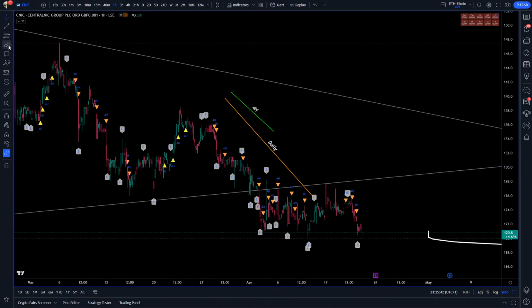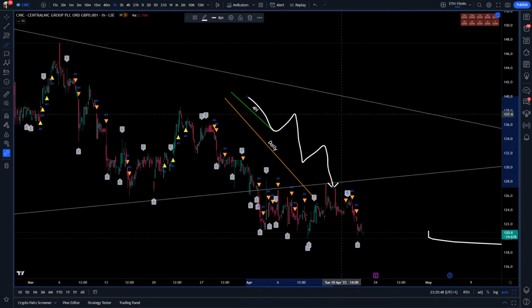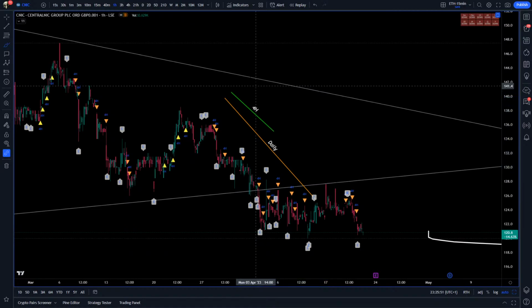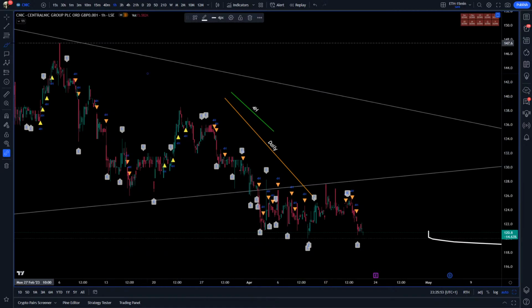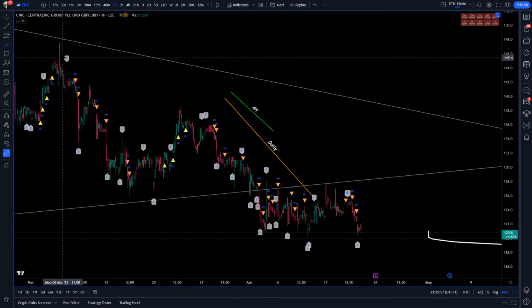So the 4-hour market layer could be doing this correction and this correction and this. And what we want to do is follow these market layers and make the trade.